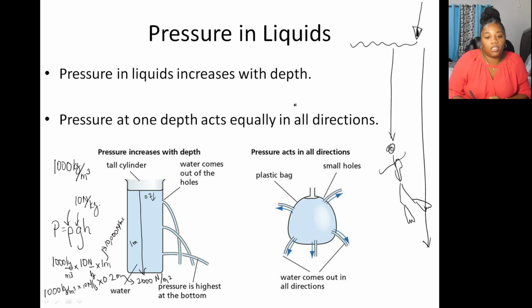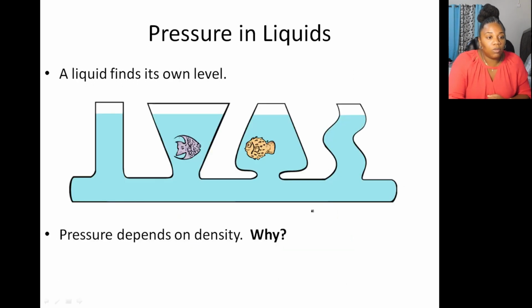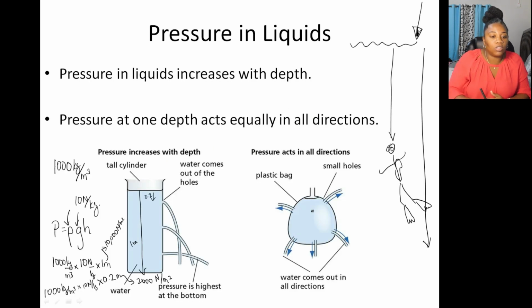Now, pressure acts in all directions equally. So if you punch holes in a plastic bag around in a circle, the water will come out at the same pressure, same intensity. So liquid finds its own level, and pressure depends on density, because if this was not water and we're now dealing with mercury, right?